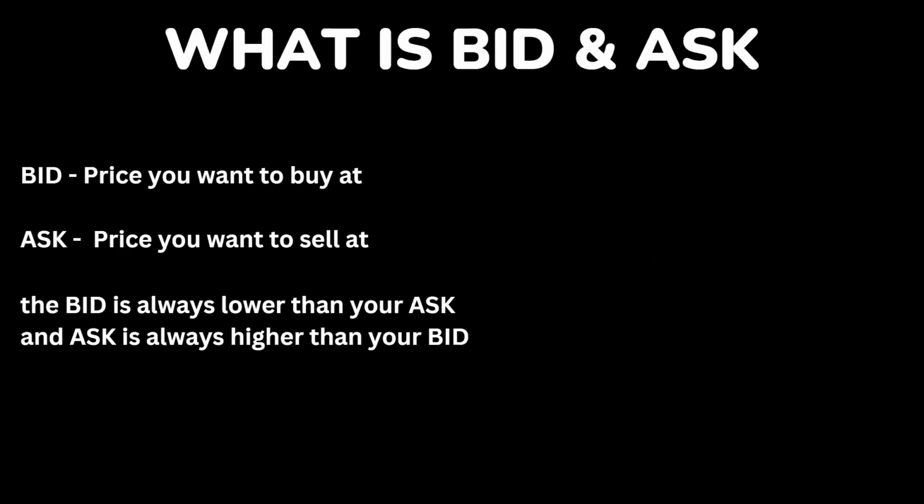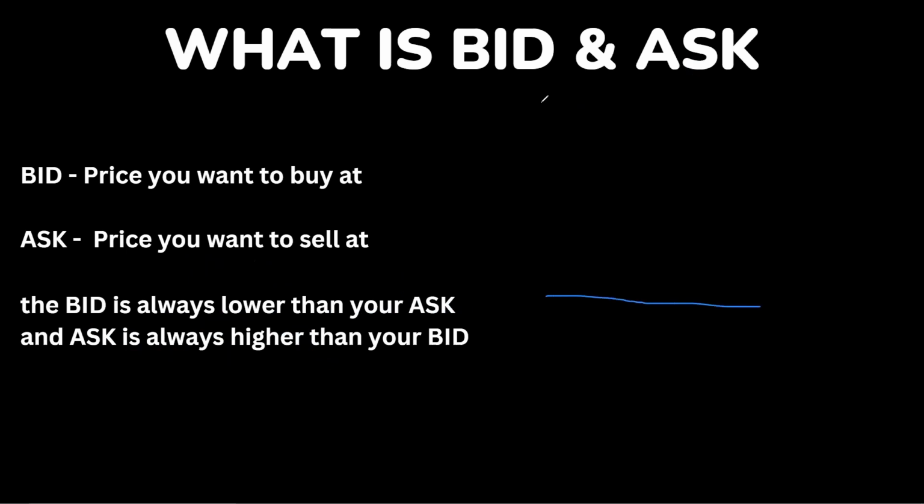Bid and ask. Bid and ask is very simple. Bid simply means the price you want to sell at, and ask simply means the price you want to buy at. The ask is always higher than your bid. So when you're looking at the charts, your bid is basically down here.